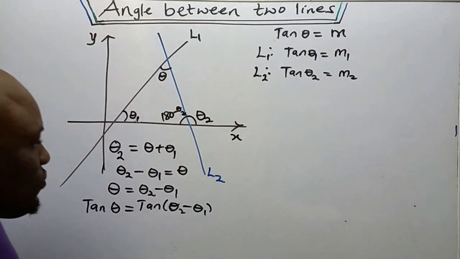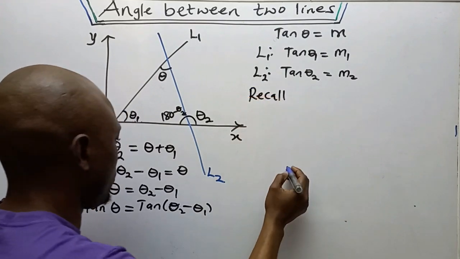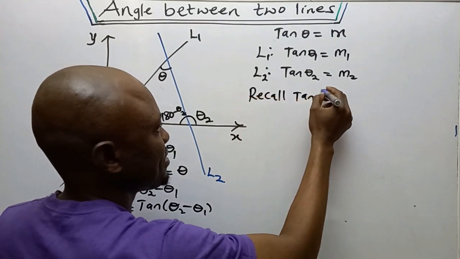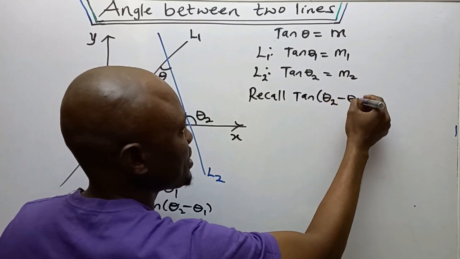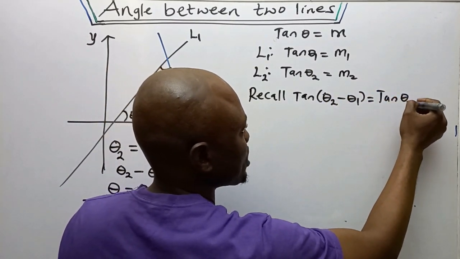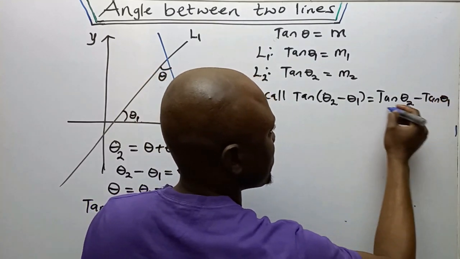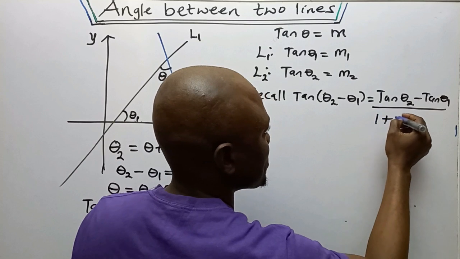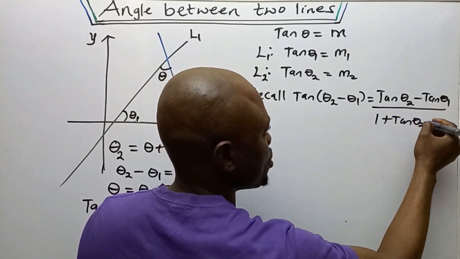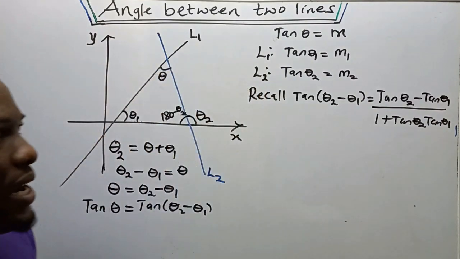Now, if you recall from trigonometry, tan of theta sub 2 minus theta sub 1 gives me tan theta sub 2 minus tan theta sub 1 divided by 1 plus tan theta sub 2 tan theta sub 1, all right?